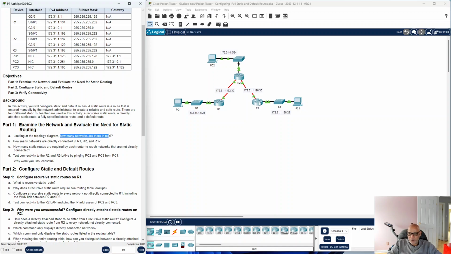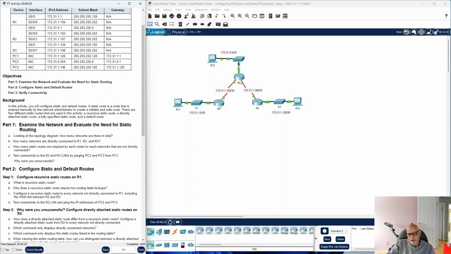The fourth network is between R2 and R3, 1.96. And the fifth network is 31.1.128, which is the LAN connected to R3. So we have a total of 5 networks. This is something you need to determine first when you're creating static routes.